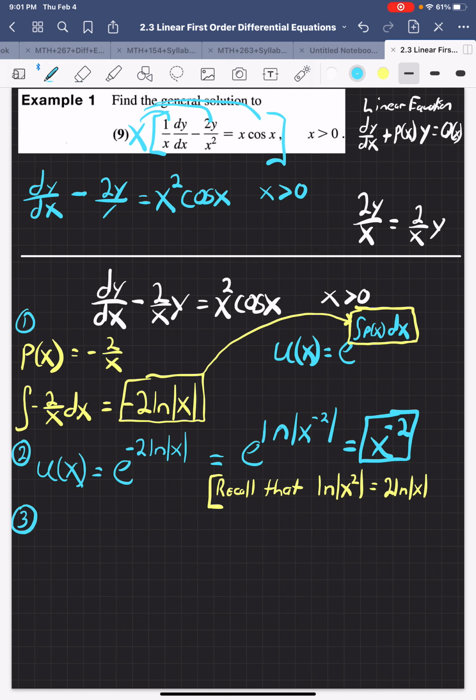Let's go to step 3. We're going to use the fact that u of x is equal to x to the negative 2 to distribute to our differential equation.